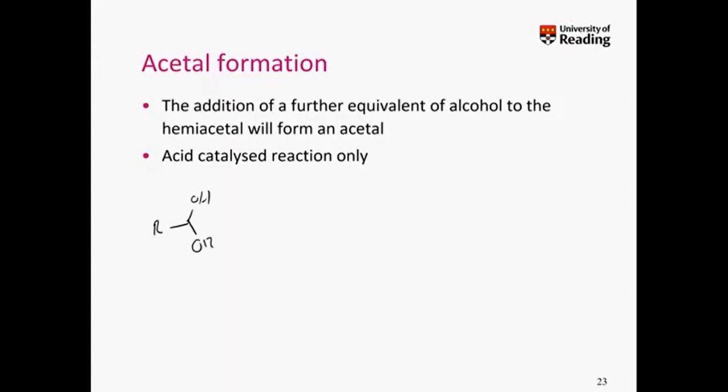Okay, so this is the hemiacetal. Okay, this is the one that we've created before. And I said to you that the reversible reaction required you, under acidic conditions, to protonate, yeah? So for the reversible hemiacetal, we protonated the OR group, didn't we?